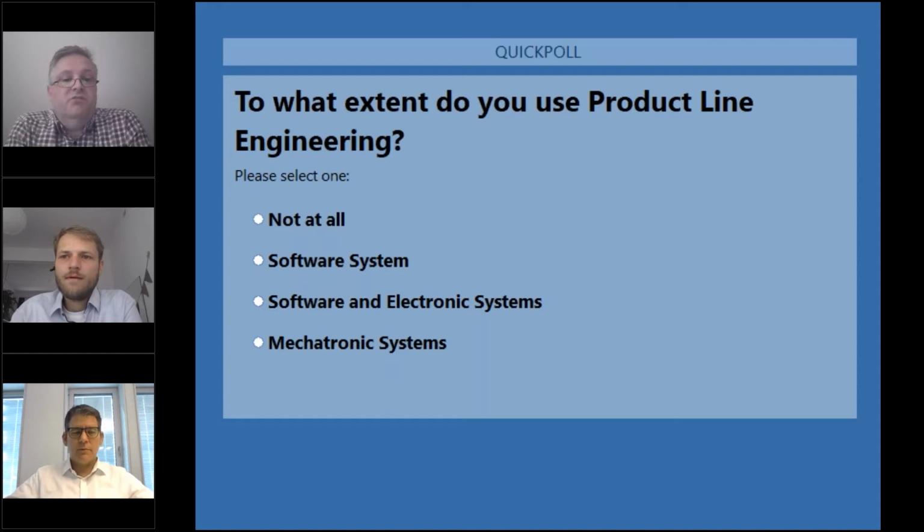Not at all? Software? Or do you use it for software systems, or for software and electronics, or is it quite established in the so-called systems engineering environment, where we are talking about things like cars or washing machines down to component or software level? So again, make your selection and choose 1 out of 4.